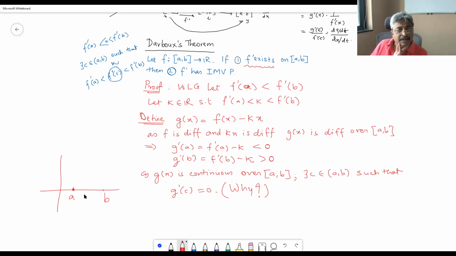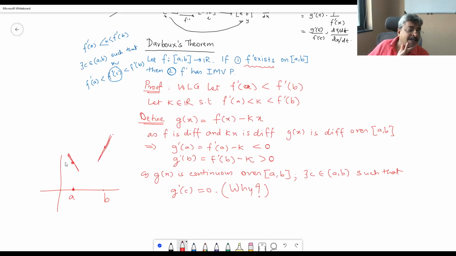Suppose g dash of a, the derivative, that means the slope of the tangent of the function at a, is negative, and suppose b is here, and g dash at b is positive.